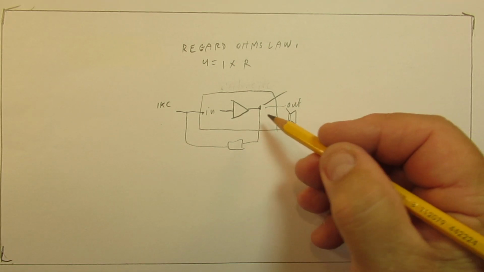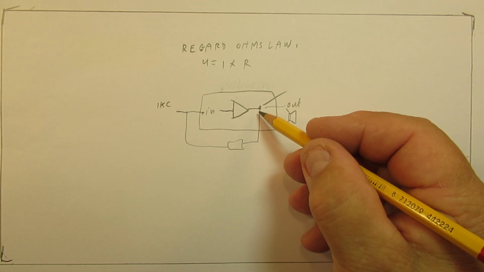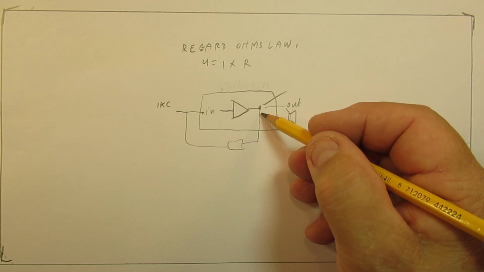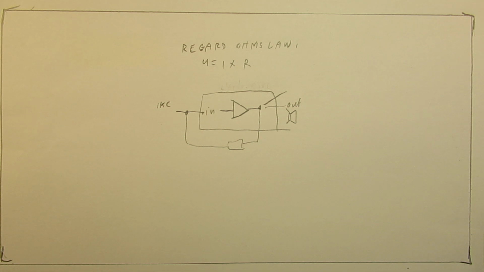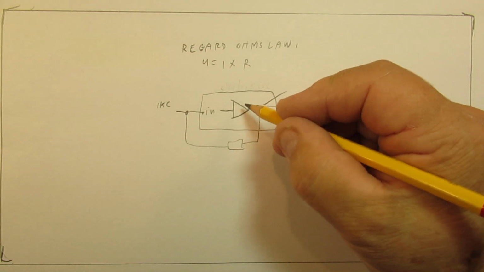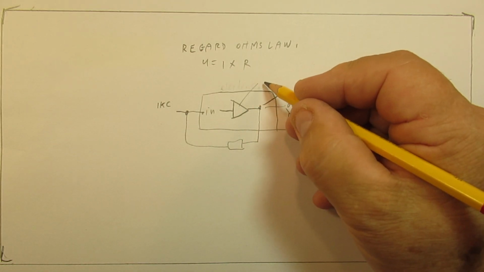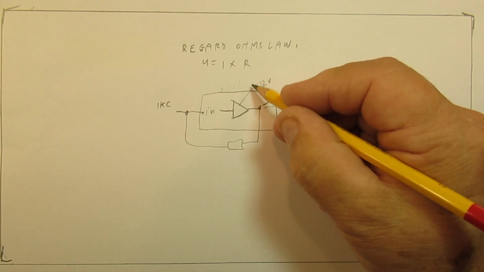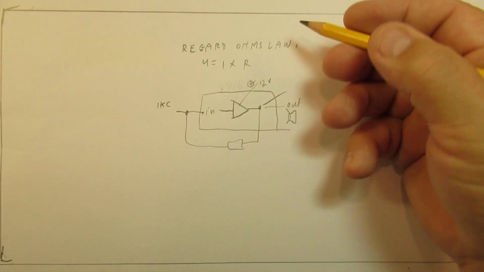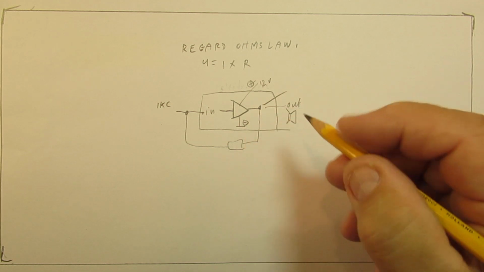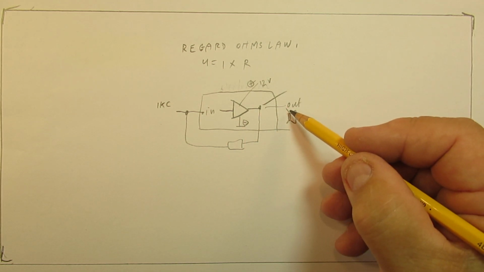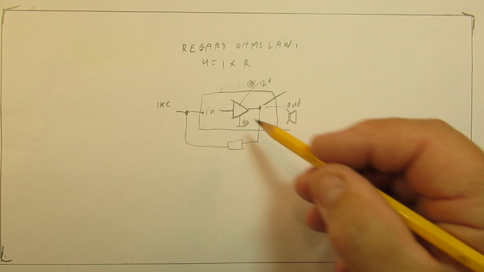What will be the effect when you connect a resistor from the output to the input? Well, that's more or less unpredictable. It has everything to do with the circuit, but when this is, for instance, a transistor amplifier on 12 volt, here's the positive, and here we have the negative. Connect the resistor from the output to the input.